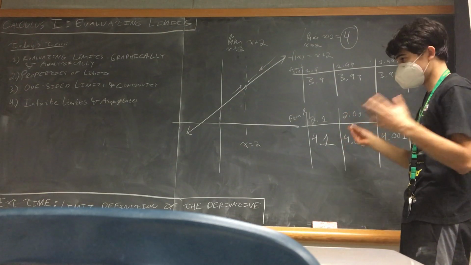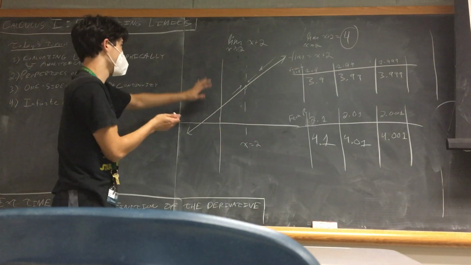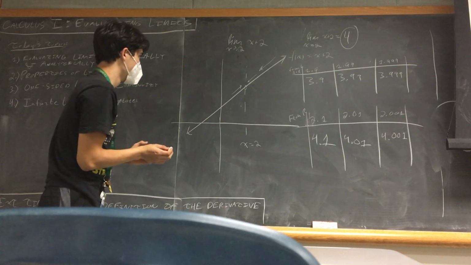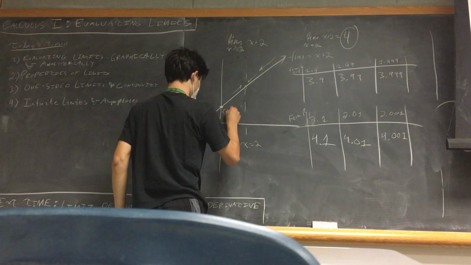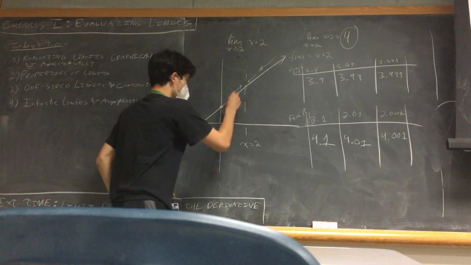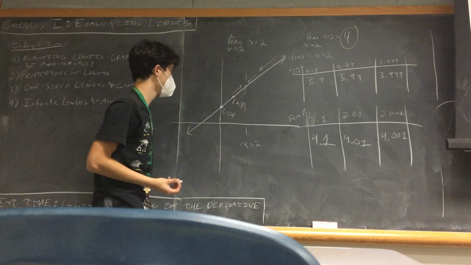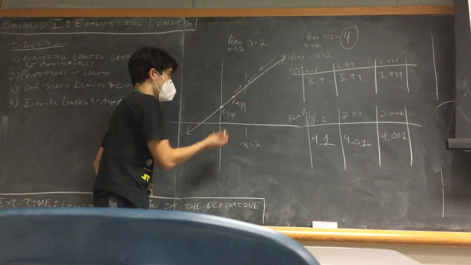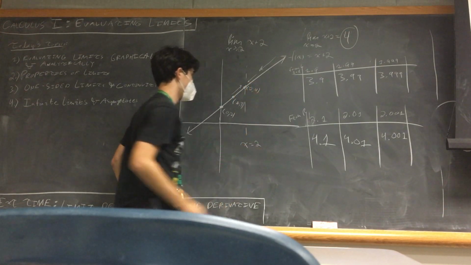Now the other really simple way that we can do this is we can look at the graph of x plus 2. So we start here at the point 0, 2. You know the slope is 1, so the next point is 1, 3. We know what the next point is here, 2, 4.